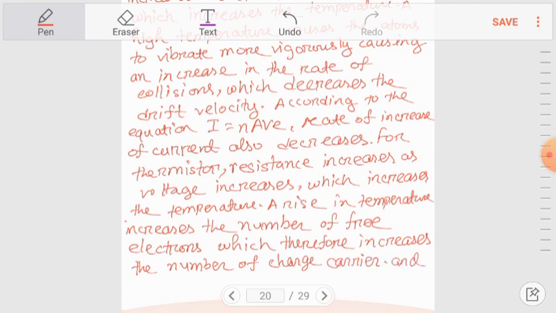And according to I equals nAvq, current increases. And with this our entire question number 16 ends.